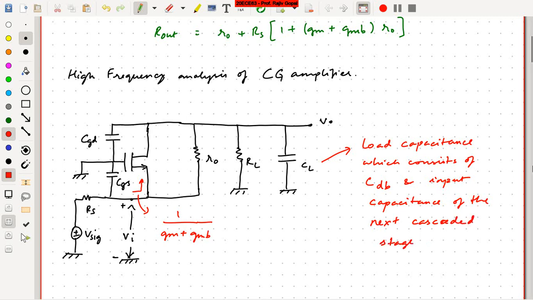These things you have to keep in mind, and also remember whatever high frequency analysis you are doing for the CG amplifier or for the earlier common source amplifier, all those amplifiers are considered to be IC amplifiers, wherein you are going to fabricate this on top of an IC. They are not discrete circuits. The discrete circuits we have seen in the second module, where we did small signal analysis for CG, CS, and CD amplifiers. But here we are dealing with IC amplifiers, not discrete amplifiers.